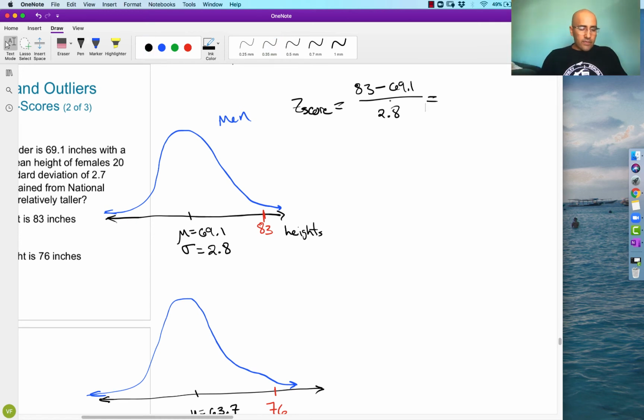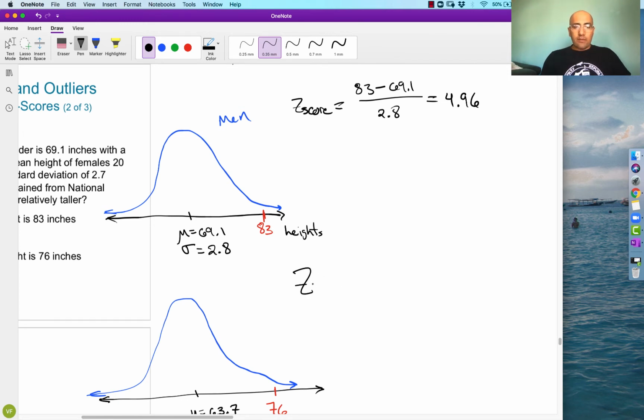So if I go over to my calculator and type that in, 83 minus 69.1 divided by 2.8, I'm getting a z-score of 4.96, rounding to 2 decimal places. That is very unusual, right? Way far to the right. It's almost 5 multiples of the standard deviation to the right of the mean. That's very, very unusual, very, very high.